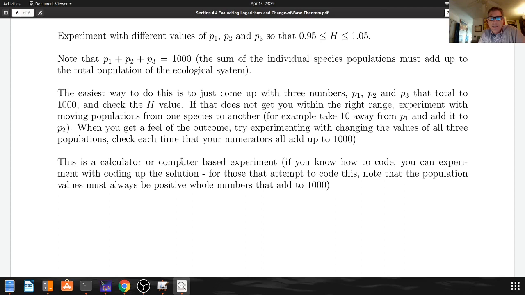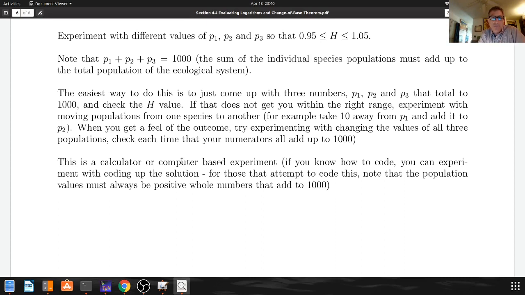If that doesn't get within your right range, experiment with moving populations from one species to another. Take 10 away from P1 and add it to P2. So you're taking it away from one and adding it to the other, so the total population hasn't changed.